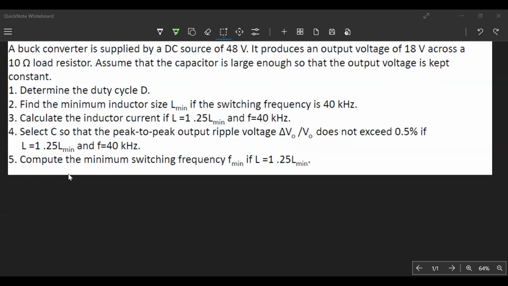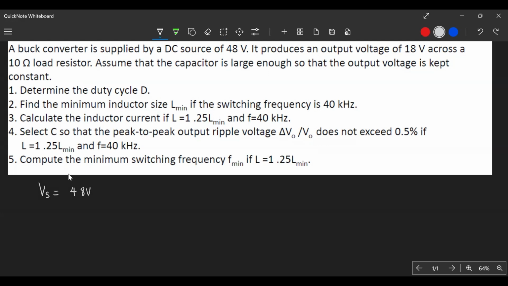Okay, so let's list the data that is provided to us. We are given the source voltage. Remember that the buck converter steps down the DC voltage, right? We are stepping down 48 volts, so V source equals 48 volts.